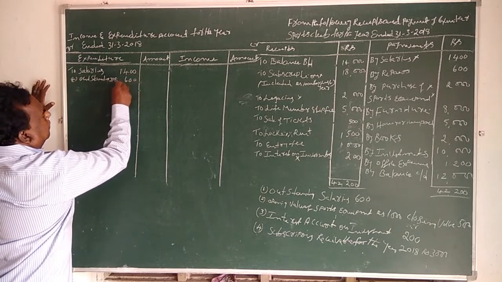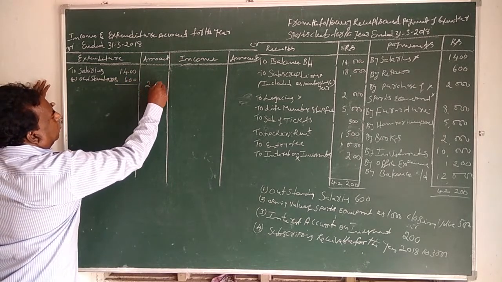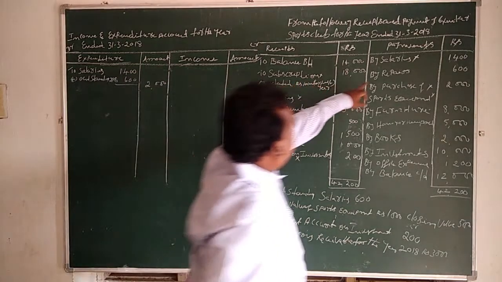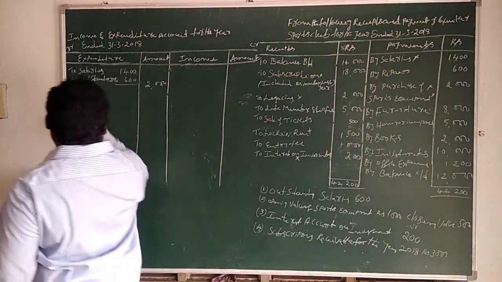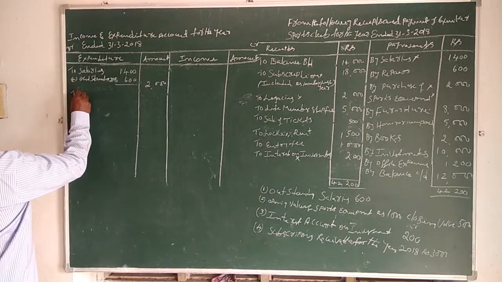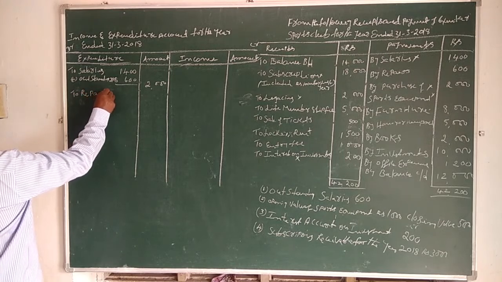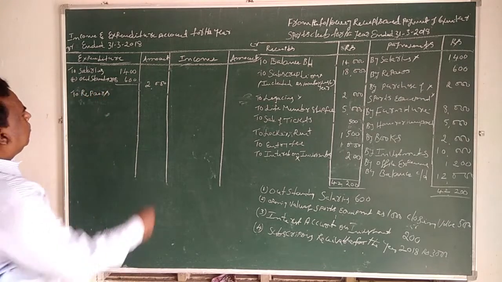Outer column salaries value 20,000. Then repairs, to repairs 600.